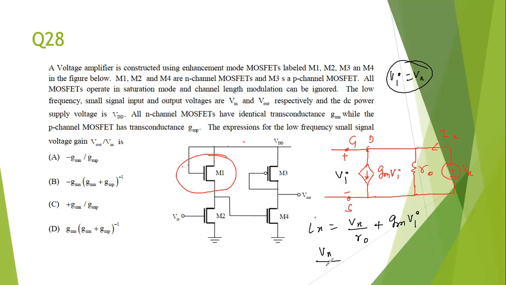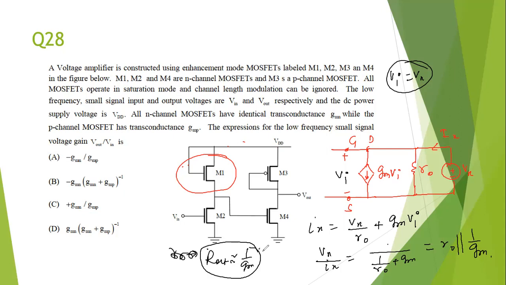So Vx upon Ix equals 1 upon (1 by R naught plus Gm), which is R naught parallel 1 upon Gm. So if there is no channel length modulation, R naught tends to infinity, so R out is approximately 1 upon Gm.